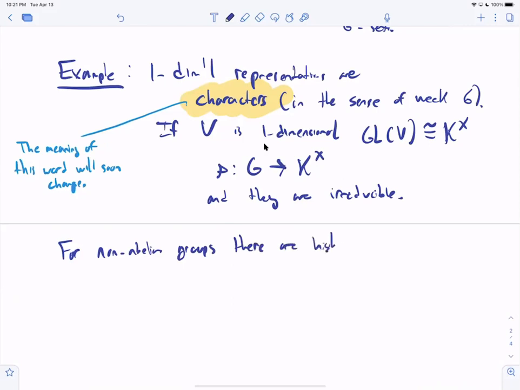There are higher-dimensional irreps. Irrep is short for irreducible representation. So here's an example.